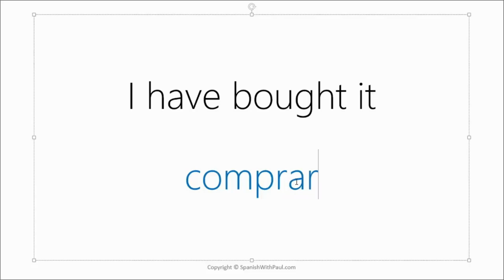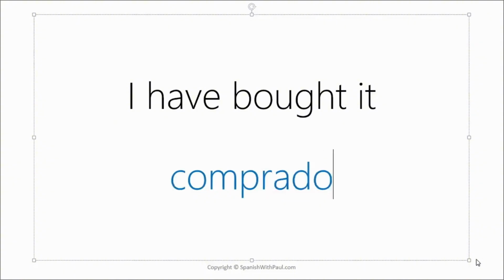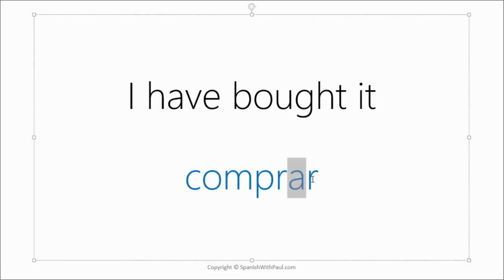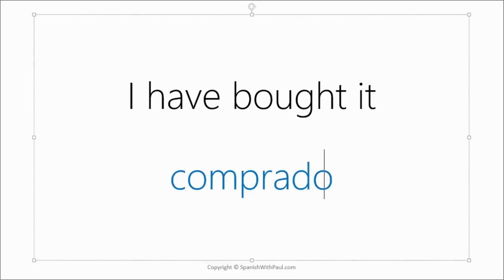Now what happens is this: with AR verbs, for bought in the past, this becomes comprado, this ado ending. And notice that I changed, just manipulating this AR ending. So comprar would go to comprado, and this means bought in the past.